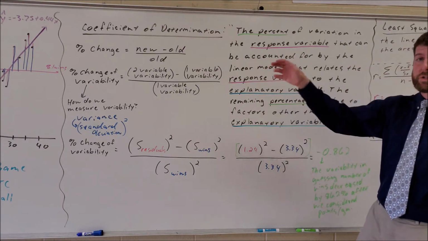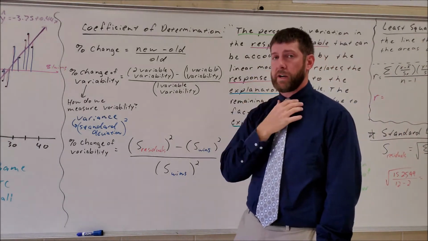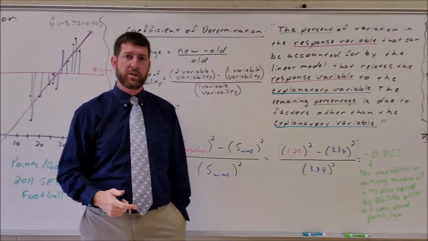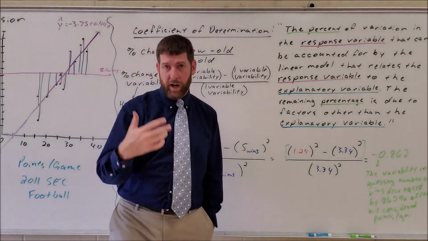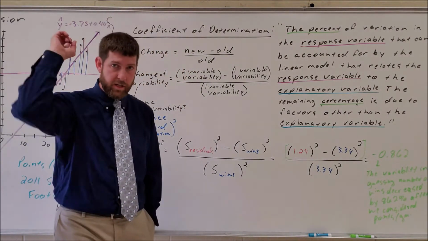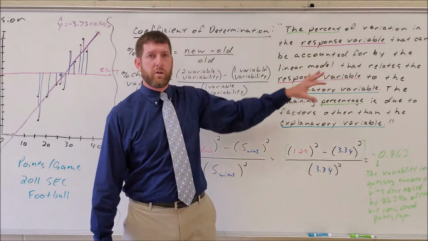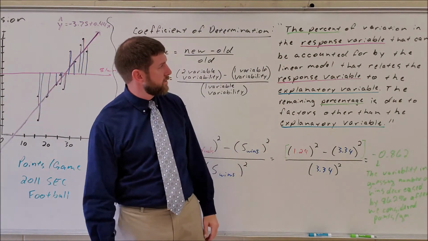So that tells me points per game is a pretty good predictor variable if I can become 86% more accurate in my predictions, in my guesses of how many wins a team is going to have by using this linear model we've got right here. So that's what this large definition is really trying to say to us.